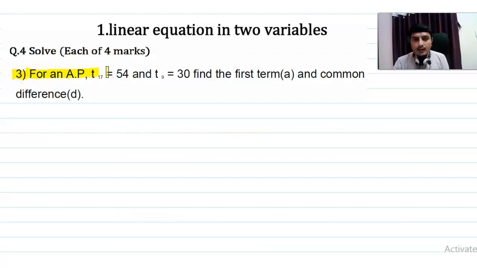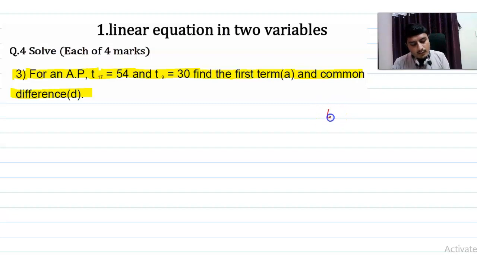For an AP, the arithmetic progression, T17 equals 54 and T9 equals 30. Find the first term, that is the value of a, and the common difference, that is the value of d. Keep in mind, this question is based on arithmetic progression as well as simultaneous linear equations in two variables, where the variables are the first term a and the common difference d.